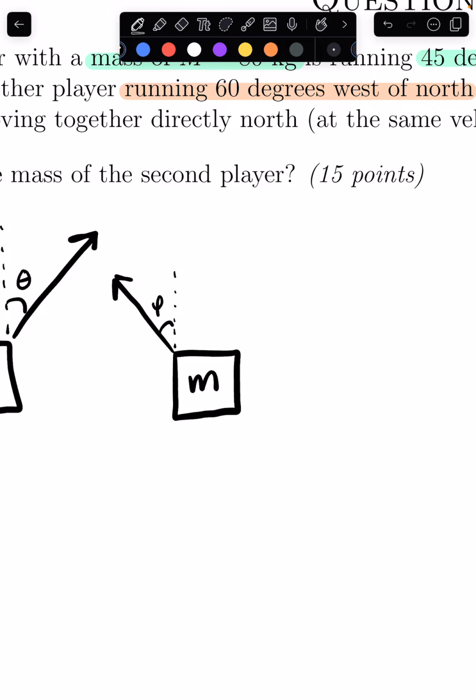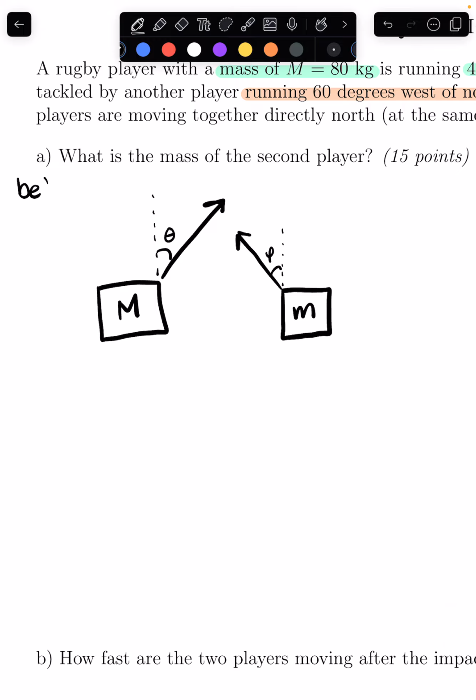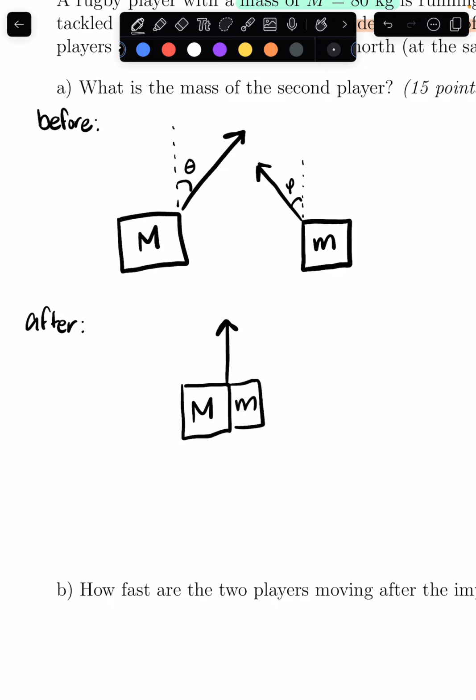After the impact, it says that they moved together directly north, so this is our before picture. And this is our after picture, where they're both going directly north at just some final velocity. We don't know what it is yet.